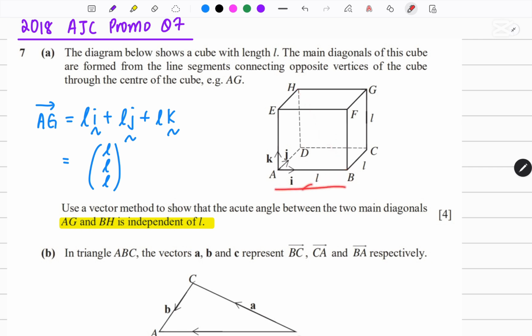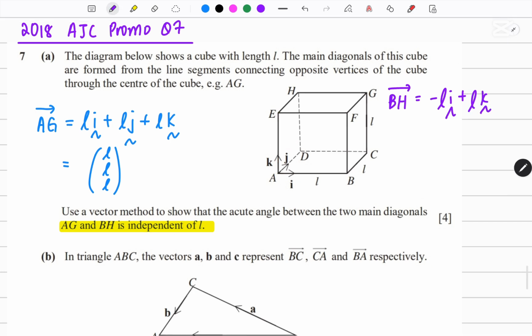I will be going to the left now, which is the opposite direction of the vector I. So for the vector BH, first of all, I'm going in the opposite direction, so it will be negative L units of vector I, followed by L units of vector K, followed by L units of vector J. Again, writing this in column vector, it will be negative L, L, L.